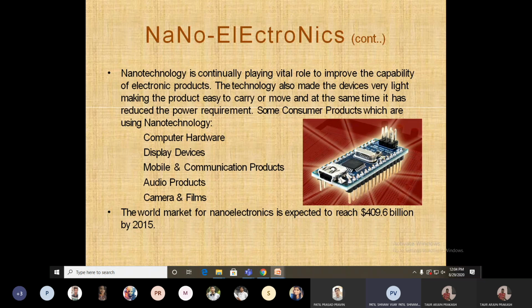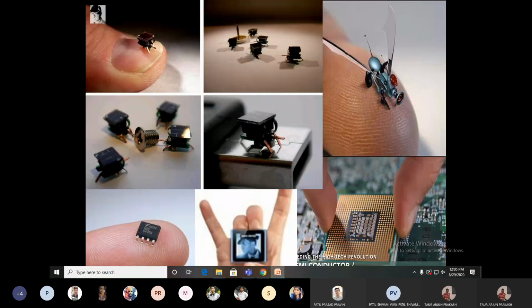Some consumer products which are using nanotechnology: computer hardware, display devices, mobile and communication products, audio products, camera and films. The world market of nanoelectronics is expected to reach 409.6 billion by 2015. These are some pictures of nanoelectronics.